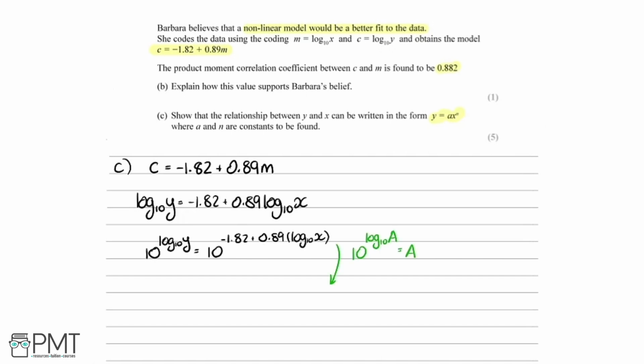Now I'm going to use the fact that 10 to the power of log base 10 of something just equals that something. So essentially you can imagine this 10 and this log base 10 cancelling. This works with any base as long as these numbers are the same. So the base is the same as this number here. And look over here on the left hand side, this is the exact situation we've got. So we can say y equals, and then we keep everything on the right hand side: 10 to the power of minus 1.82 plus 0.89 multiplied by log of x.